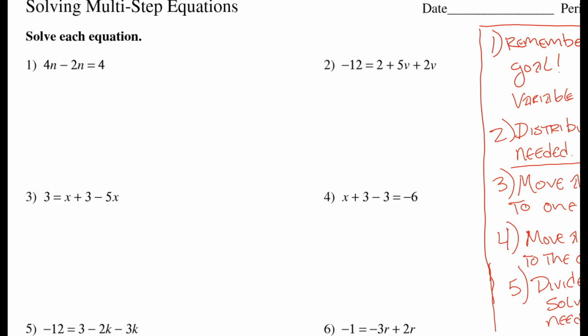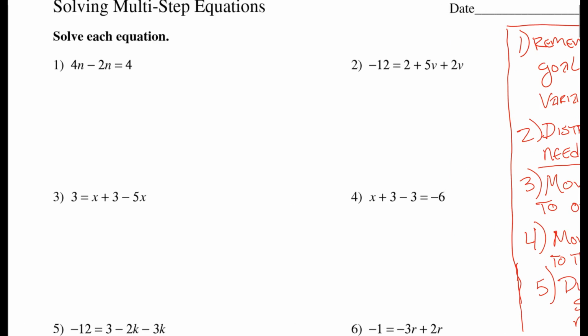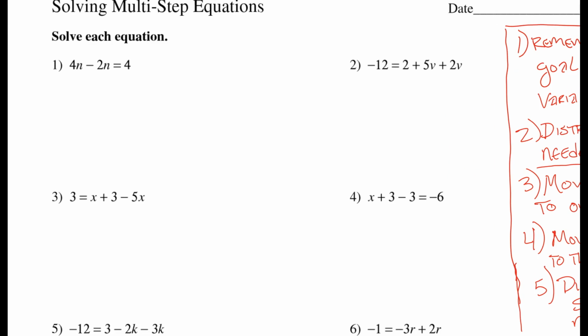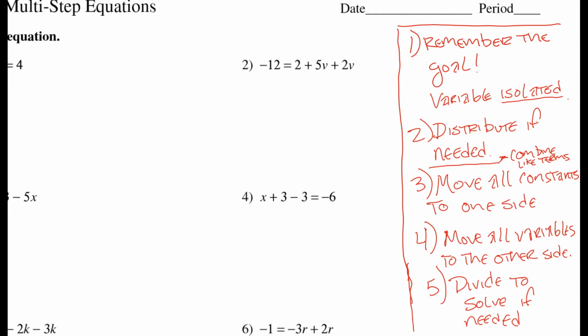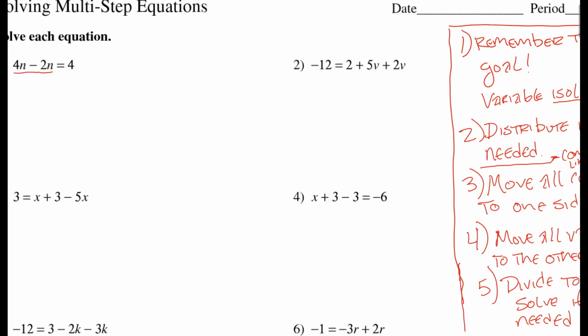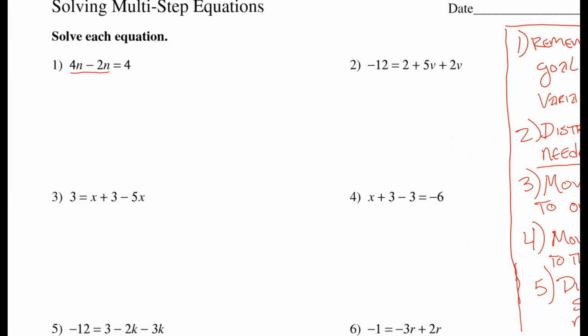So step 1, remember the goal. Variable, isolated. So I look here and I say, okay, number 1, is my variable alone? The answer is no, my variables are not alone. So then I'm going to go to step 2. Distribute if needed. Do I have any distribution in here?